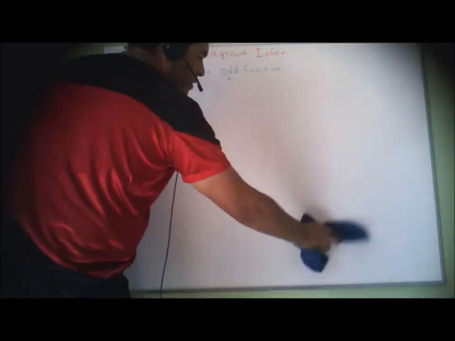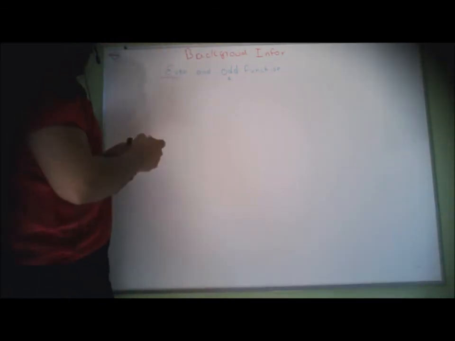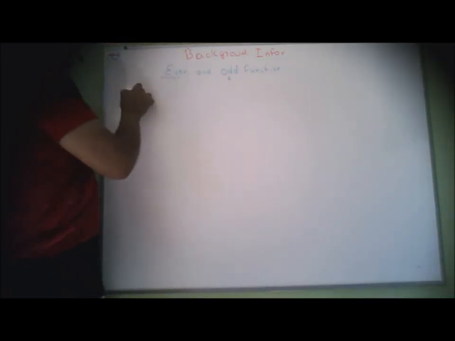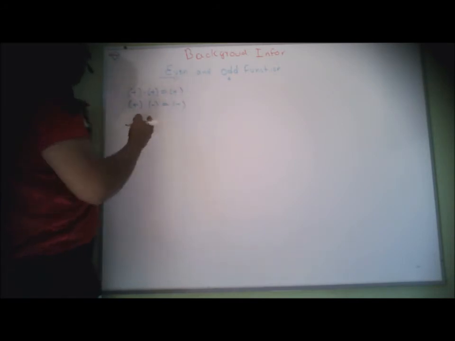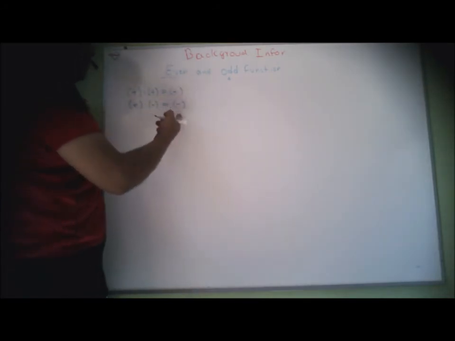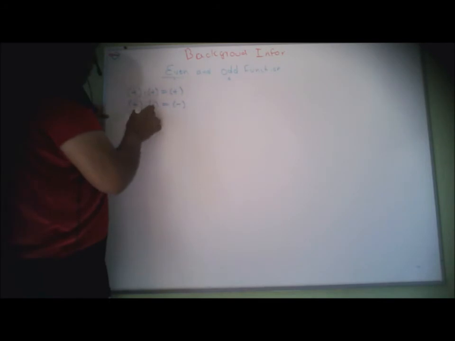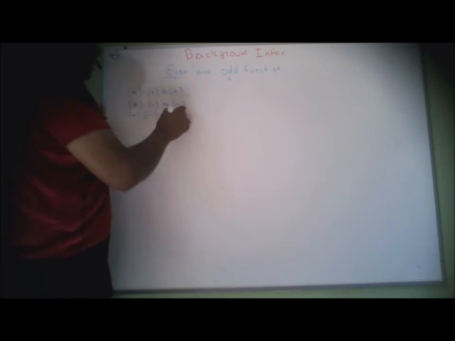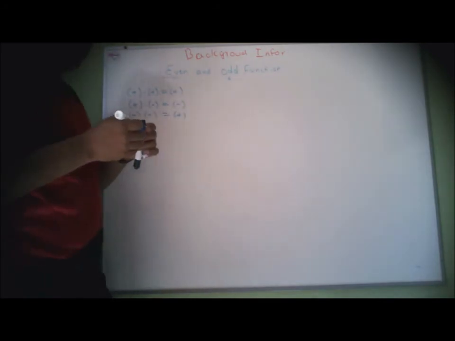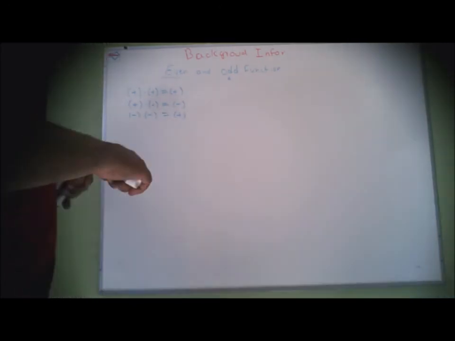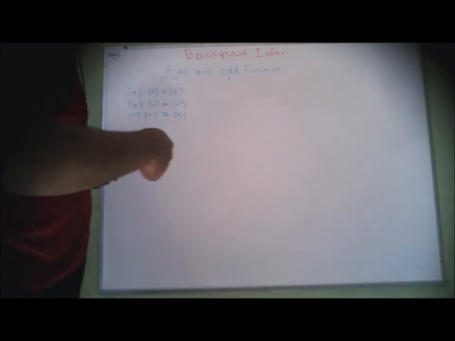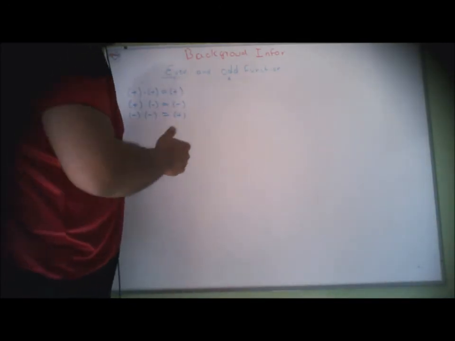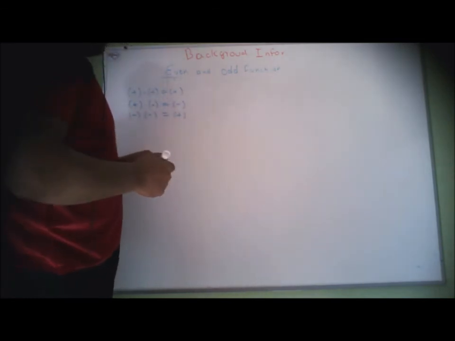Now, if you remember this concept, I'm sure you do, because positive times positive is equal to positive, right? Positive times negative is equal to negative, or negative times positive is equal to negative, but negative times negative is equal to positive. Okay, now this is the law of the signs, la ley de los signos. Now, it's a very similar case for even and odd functions.